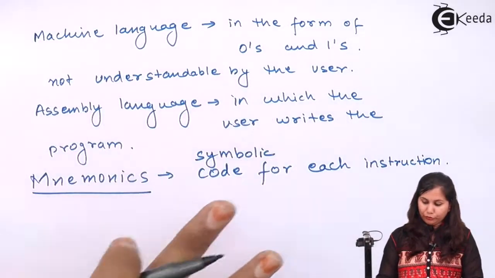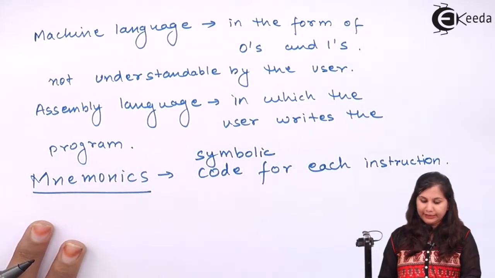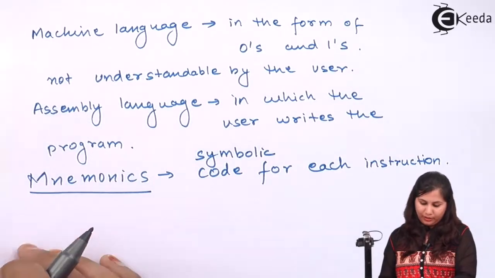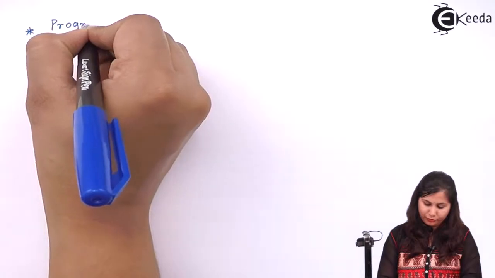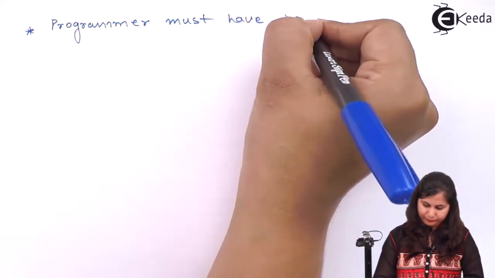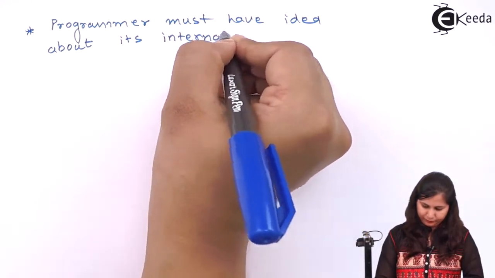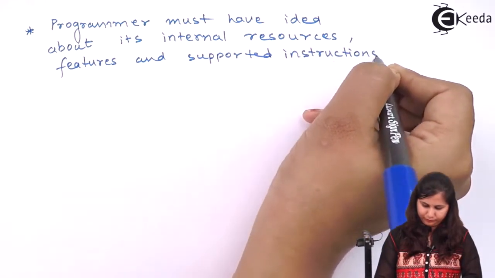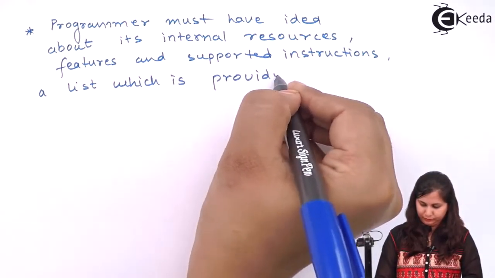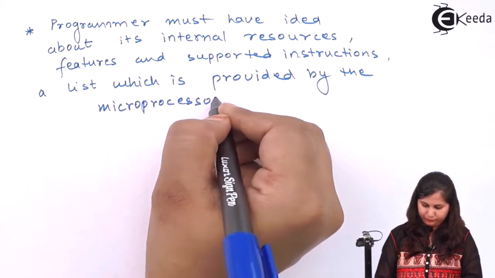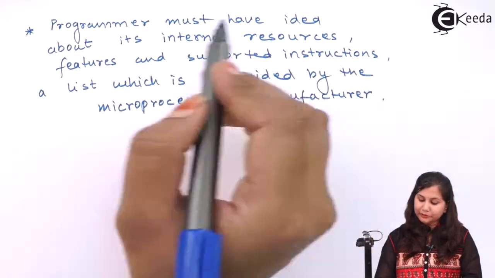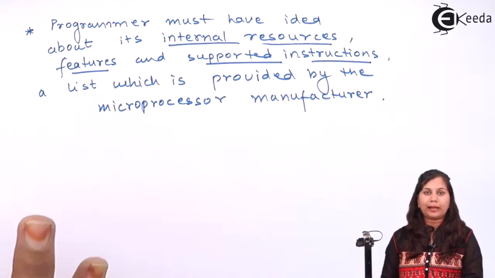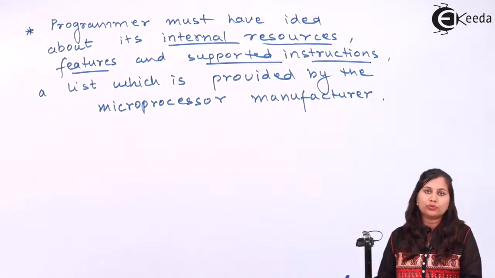He or she should be able to write the program using the mnemonics, so that they can easily use the microprocessor for different types of applications. So the programmer must have an idea about the internal resources of the microprocessor, its features and supported instructions, so that the programmer can write programs for whatever application he wants to use the microprocessor.